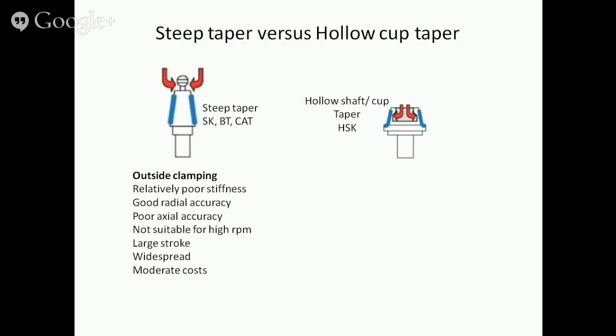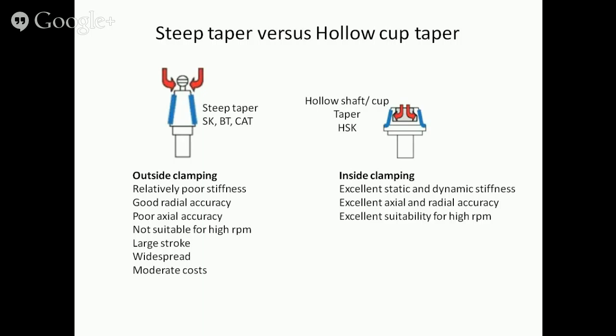The hollow shaft or hollow cup taper is an inside clamping device. It has an excellent static and dynamic stiffness, an excellent axial and radial accuracy.